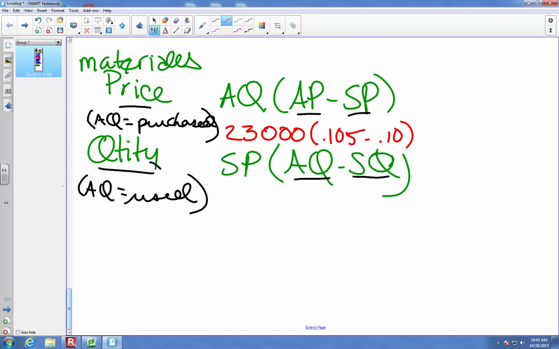So am I going to have a favorable or unfavorable variance? I paid 0.005 per board foot too much, right? How much was it? How much?